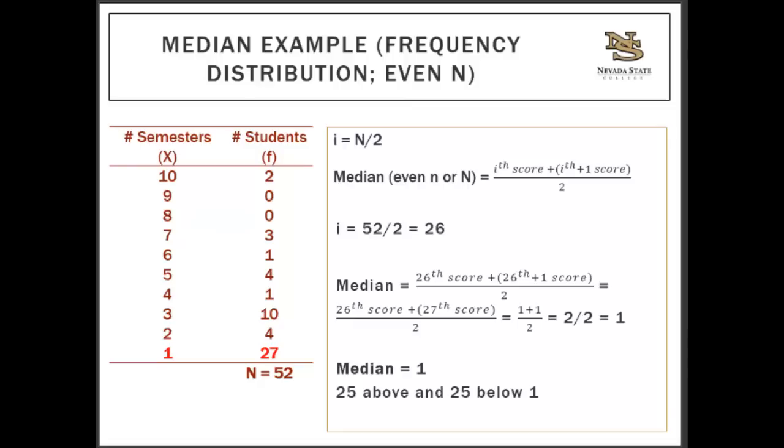So we need to find the mean of the 26th, and then remember, ith score plus the ith plus 1 score divided by 2. So the 26th score plus the 26 plus 1, 27th score, finding the mean of those. So dividing that by 2. And in this case, both the 26th and 27th score are 1. So 1 plus 1 is 2, divided by 2 is 1.